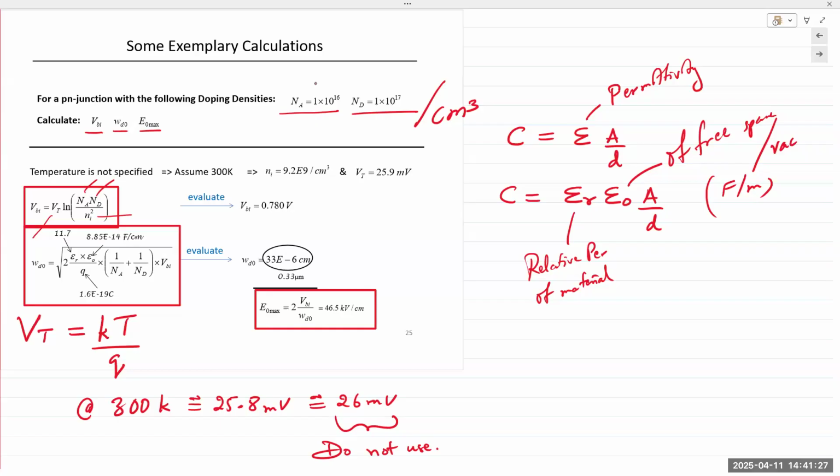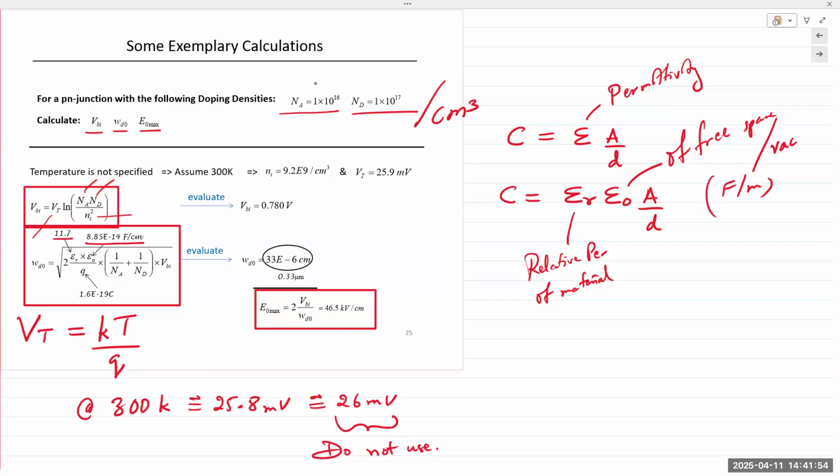Epsilon r is also a constant depending on the material you use. For silicon, epsilon r is 11.7. Epsilon 0 is 8.854 times 10 raised to minus 14 farads per centimeter, so it is 8.854 times 10 raised to minus 12 farads per meter. Again, just be careful about conversion.